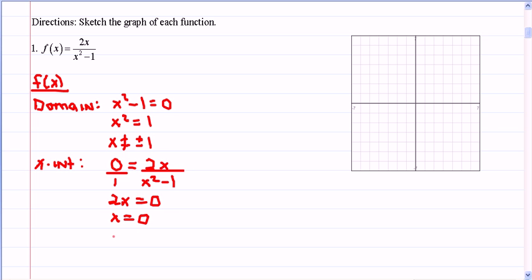And then if I substitute 0 into the function, I also get 0, so that the equation of the x-intercept is 0, 0.